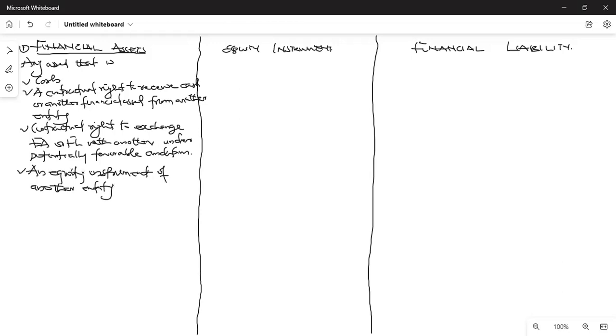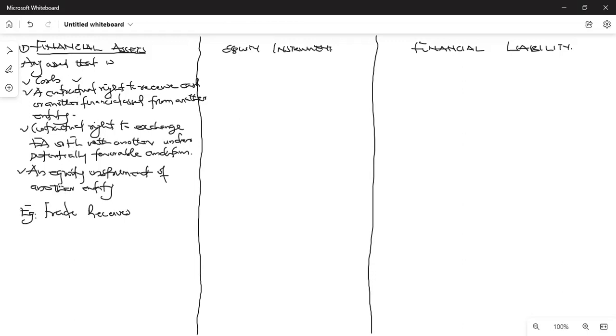A typical example of a financial asset as defined by IAS 32 is trade receivables, which I mentioned. Cash is cash, you can see that. And this contractual right is what actually gives us trade receivable.